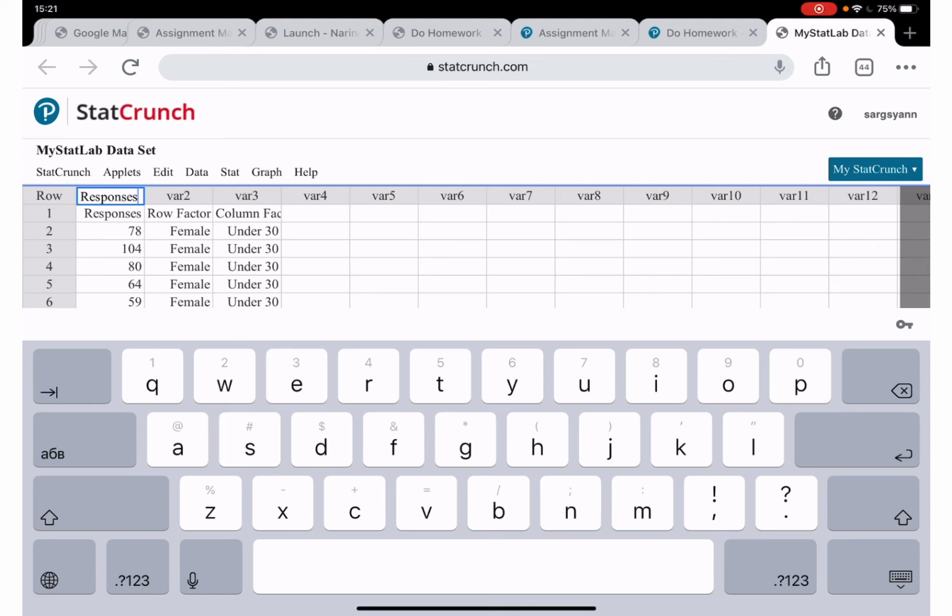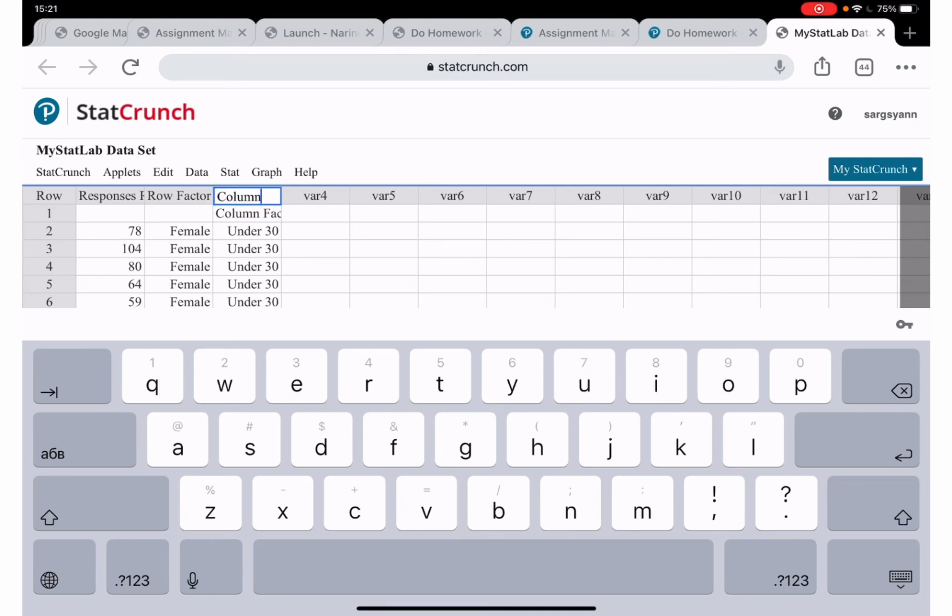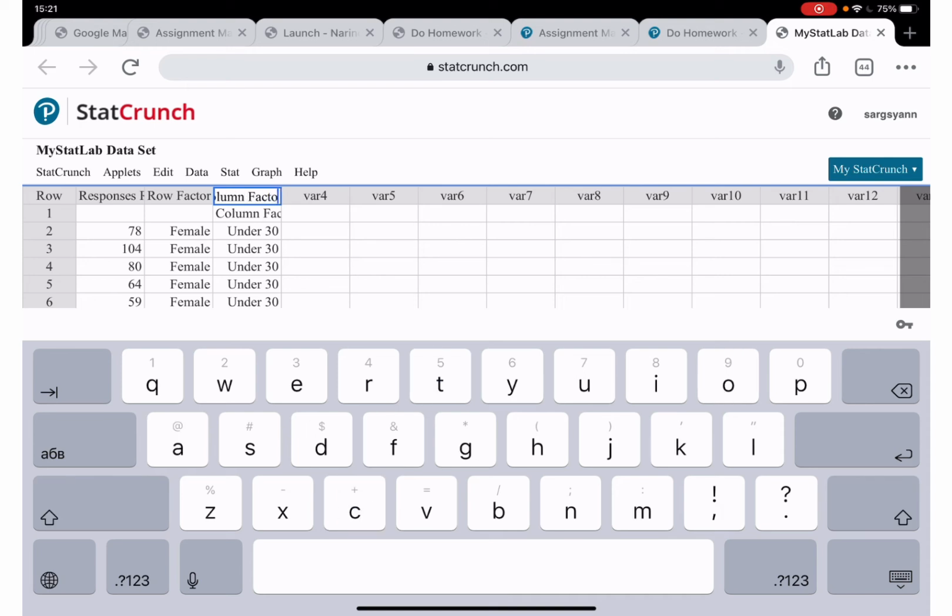Always pay attention, sometimes it gets messed up. This one we are going to delete. This one, row factor. Moving to this one, and this one we have column factor, because we need to find the interaction between row and column information.